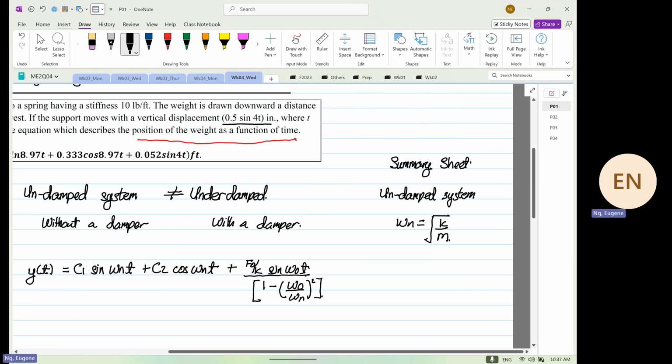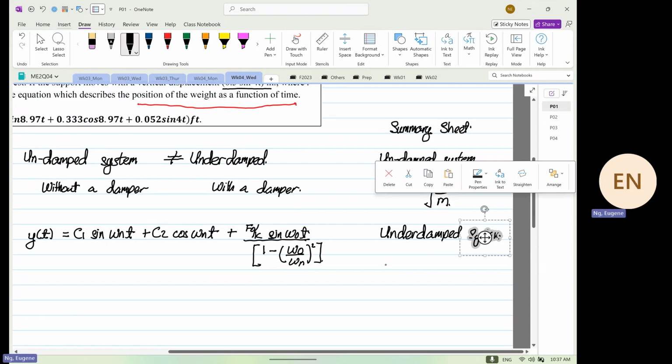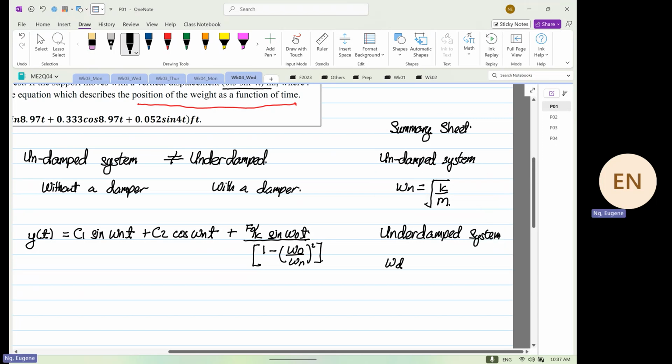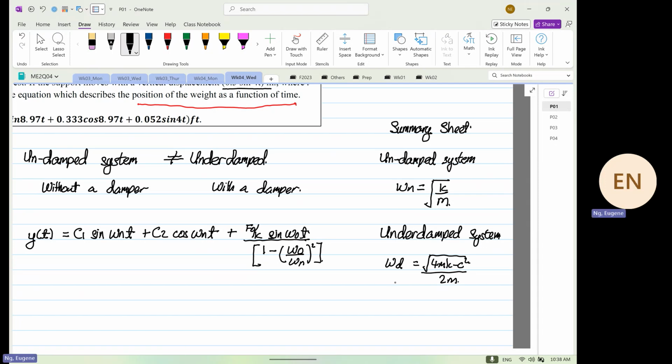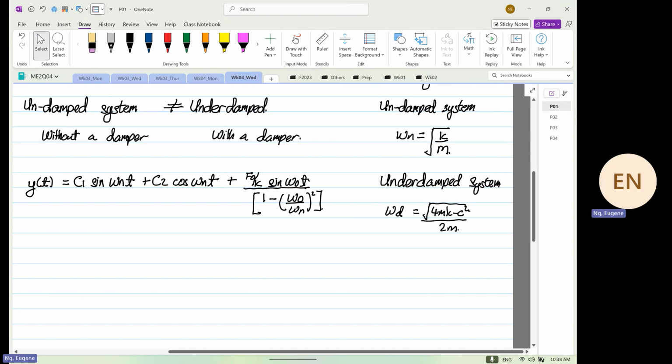And when it is an underdamped system, it is ωd, equal to the square root of 4mk minus c squared, divided by 2m. So with a damper, we get ωd. For the undamped system, we have ωn.